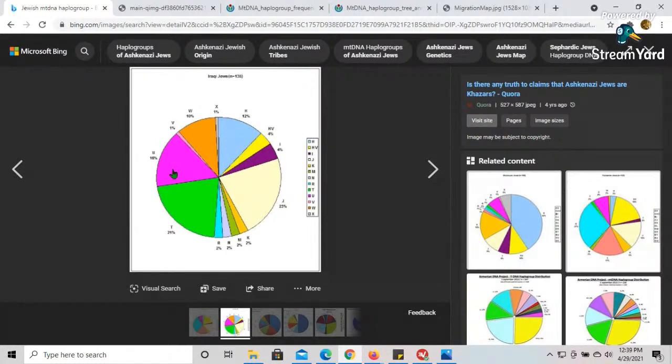But this is, of course, all Semitic, and it's all what exists. There's the M, which is the Asian. Of course, Iraq is closer to Asia, so there's a larger Asian mitochondrial DNA in the population.